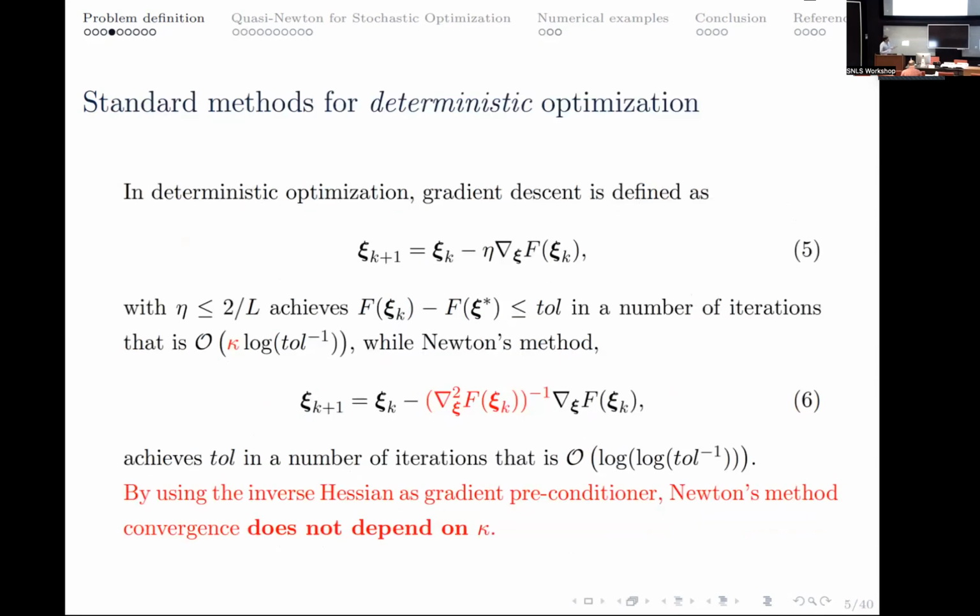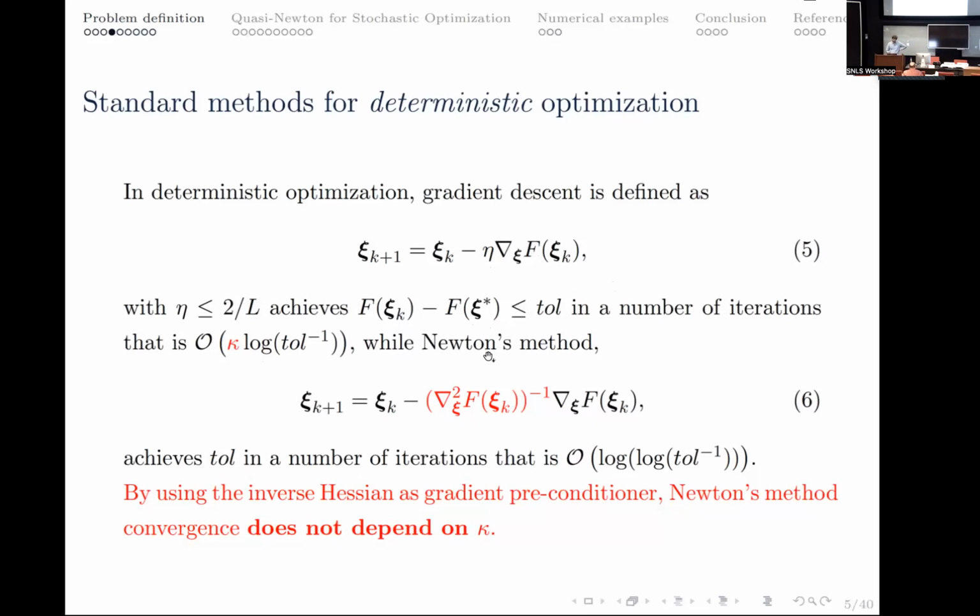So we discussed two simple methods for deterministic optimization, which are the gradient descent, the canonical first order method, where we take steps in the opposite direction of the gradient. And this method for this setting is known to converge linearly, or the optimality gap here converges linearly, and we have a number of iterations that is linear on kappa, the number that I just showed you.